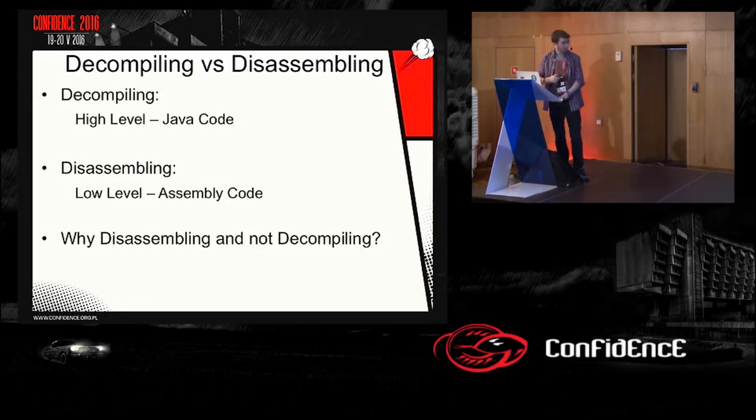Then the disassembly is more low level. So we are getting the assembly code of this application, in other words, we are getting the SMALI files. In these SMALI files is where we need to make all the changes to change the behavior of our application.